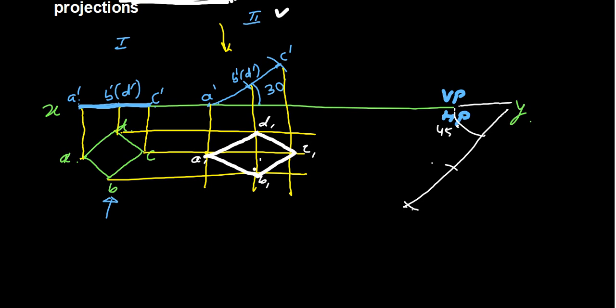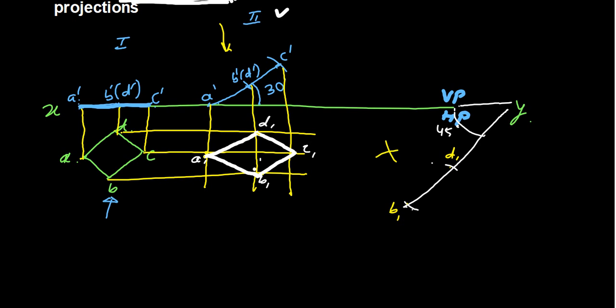Okay, so we have measured, and let us say B1 D1, this distance, same distance we have measured here on the 45 degree line. After that, measure this distance A to D or A to B, any one, and with compass make a curve.